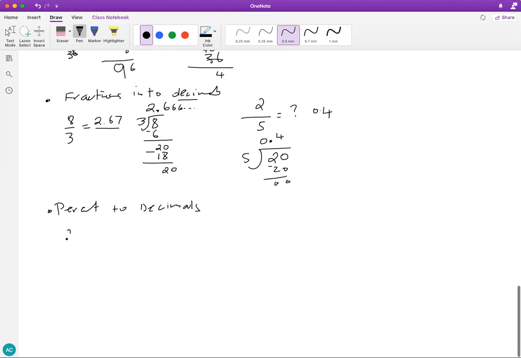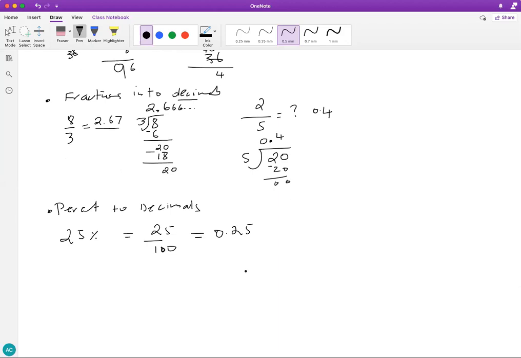When you have, for example, 25%, that means what? That means 25 out of 100. That's right. And what is this as a decimal? What is 25 hundredths? Again, as we saw earlier, it's 0.25, right? Yes. 25 hundredths.